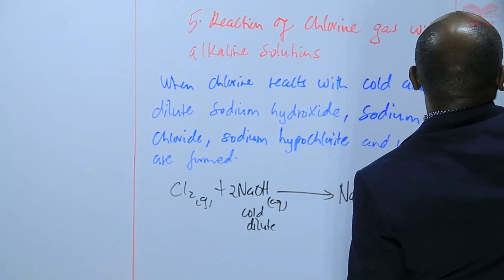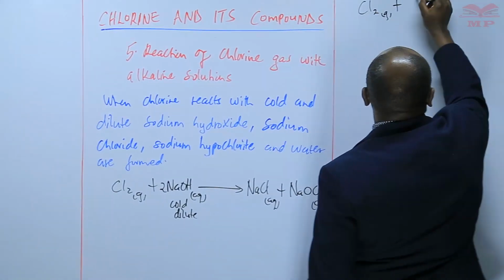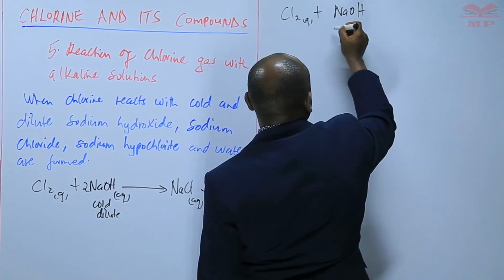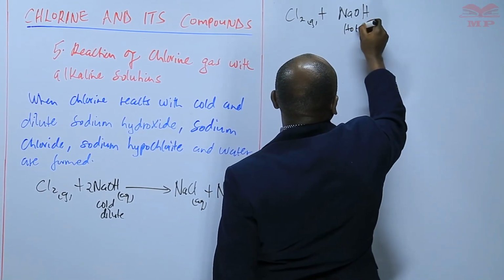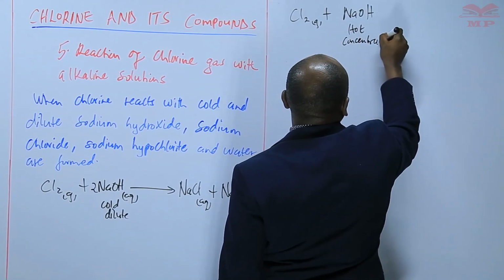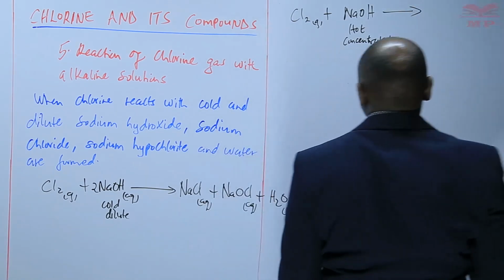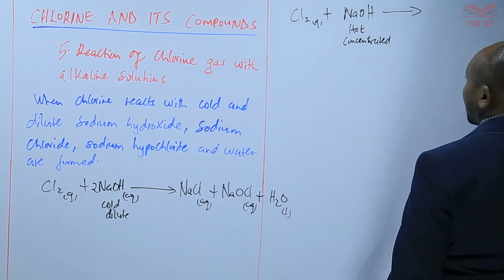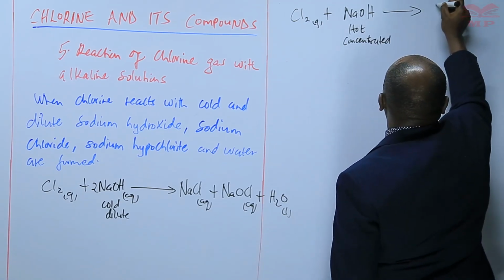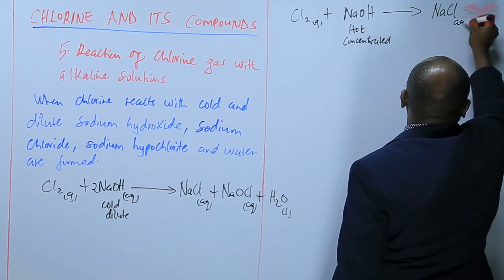So we have chlorine plus sodium hydroxide, and this one is hot and concentrated. The temperature is very important here, and also the concentration. We'll get sodium chloride, just like in the previous case.